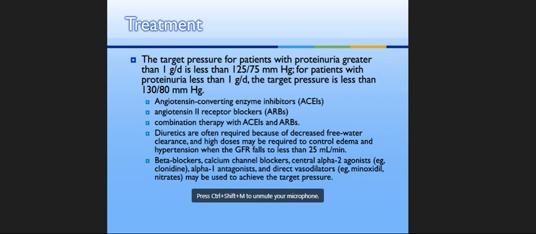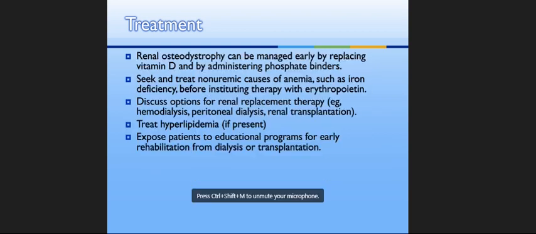Again, treatments, we have told about them, most of the groups: to treat edema, to treat hypertension. Renal osteodystrophy, we have discussed yesterday. We have to replace vitamin D, and we have to give phosphate binders to reduce the level of hyperphosphatemia. We have to seek and treat non-uremic causes of anemia, such as iron deficiency, as most of these patients are iron deficient.